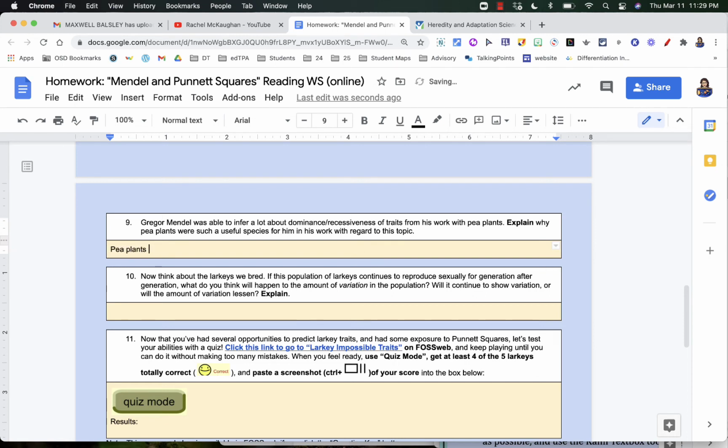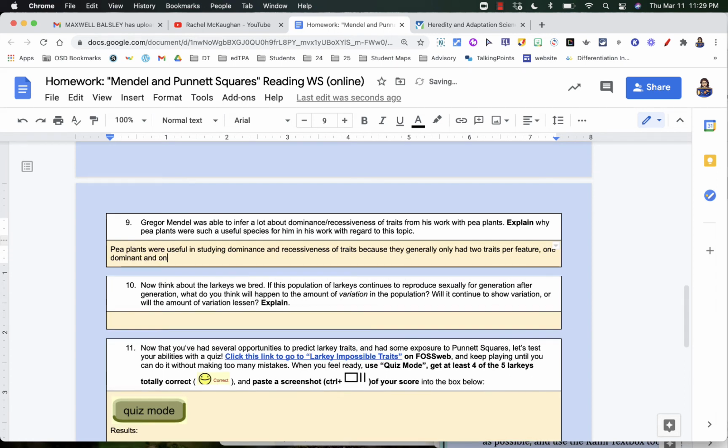Pea plants were useful in studying dominance and recessiveness of traits because they generally only had 2 traits per feature, 1 dominant and 1 recessive.